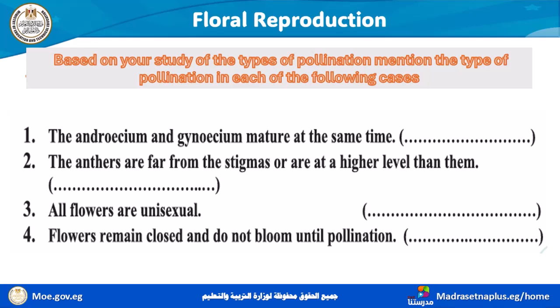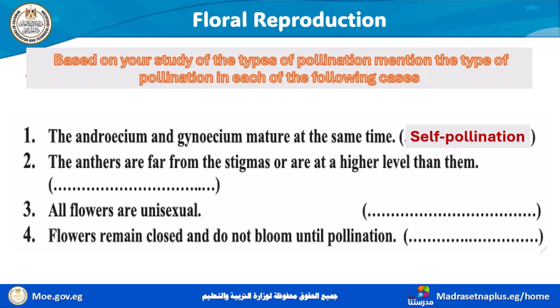If the male part and the female part in the flower mature at the same time, this allows, of course, self-pollination to take place. Number 2, the anthers are far from the stigmas or at a higher level than them.